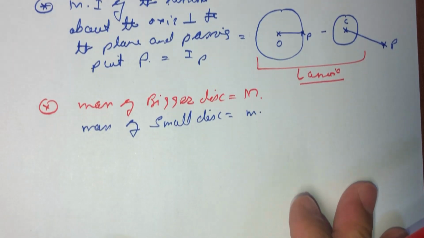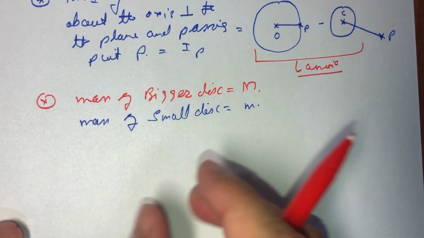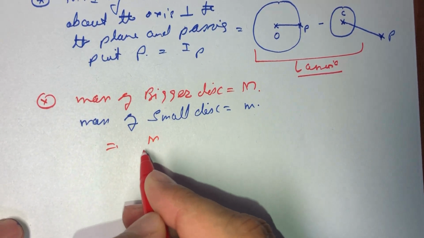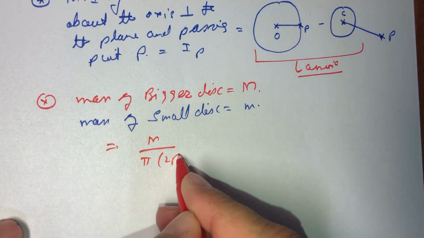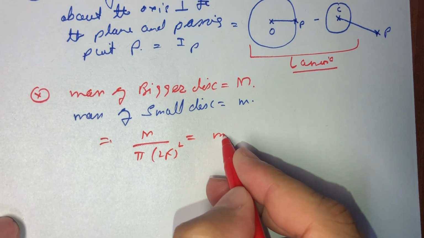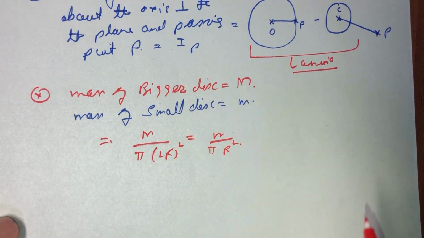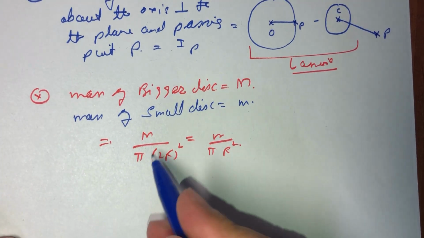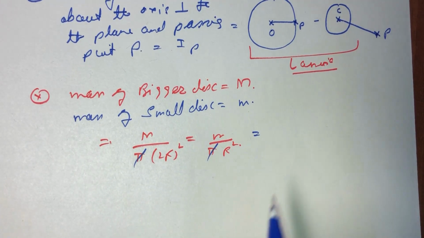Okay. Therefore we can say mass density with respect to its area, we get M upon pi (2r) square is equal to m upon pi r square, for the bigger disk as well as the smaller disk, and pi and pi cancel out.